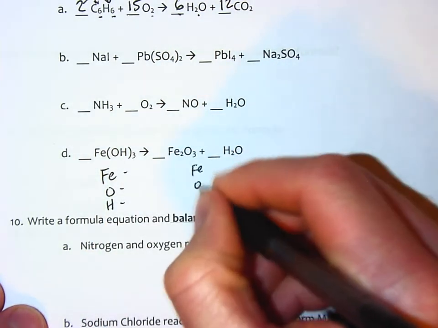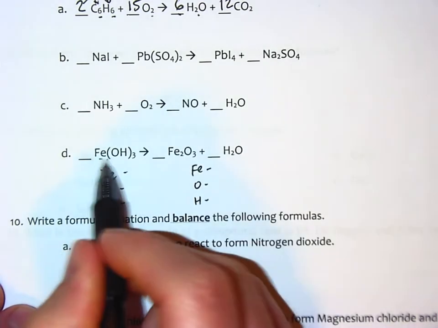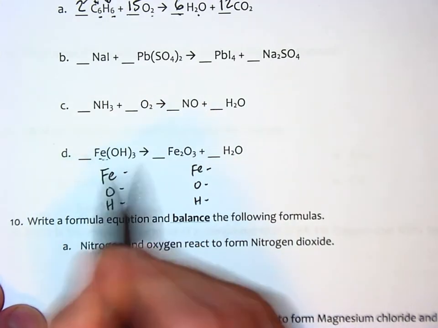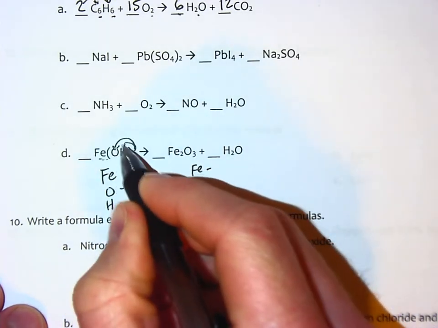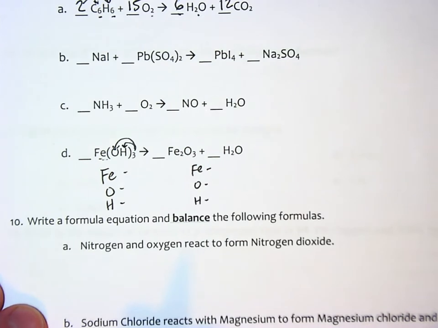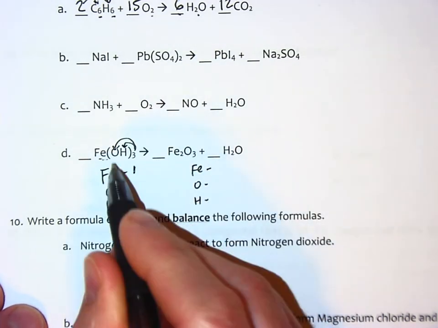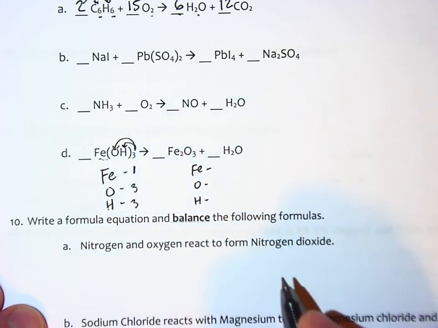Fe, O, and H are the elements that make up the compounds, and then I write out how many of each I have. Fe is by itself in the front. This 3 is only attached to what's on the inside of those parentheses. So Fe, I have 1. O, I have 3. H, I have 3.